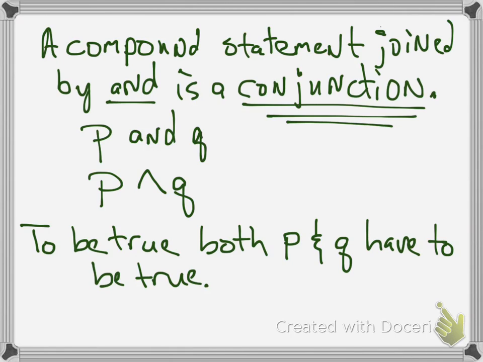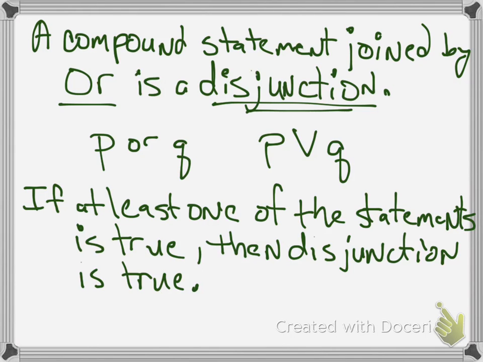So I could say P and Q, P with a little up arrow, Q. To be true, both P and Q have to be true. A disjunction is joined by an or, P or Q. Notice the upside down V shape. If at least one of the statements is true, then the disjunction is true. That means the whole thing is true.